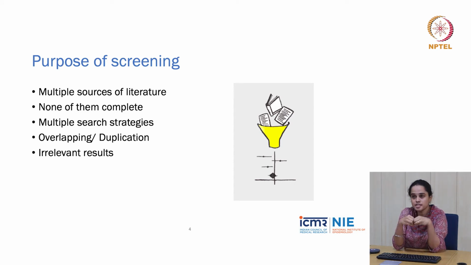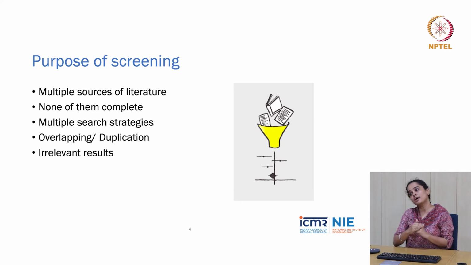So the reason is your literature is going to come from multiple sources. Like Dr. Ganesh had just demonstrated, you are going to be searching multiple databases, unpublished literature or gray literature. So your data is going to come from multiple sources, none of which are complete or comprehensive in their own right. And you are going to be using a combination of search strategies.